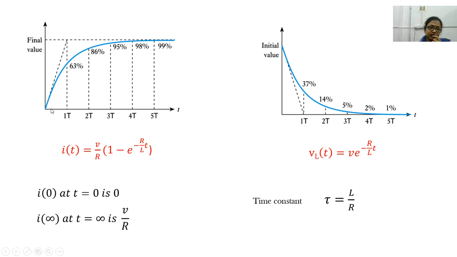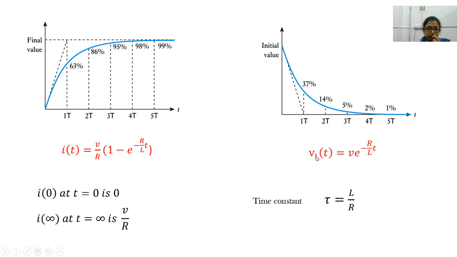So the period from 0 to 3 tau, or up to 4 tau, is responsible for the transient response, and after 4 tau the curve reaches the steady state or final state, meaning a constant value.